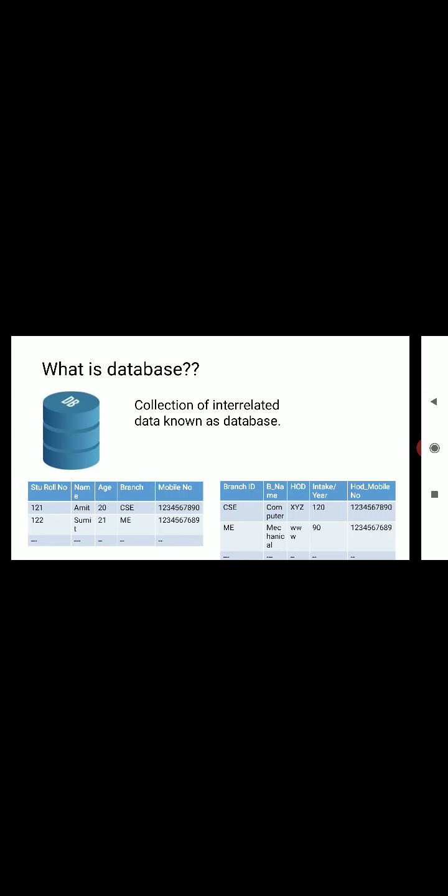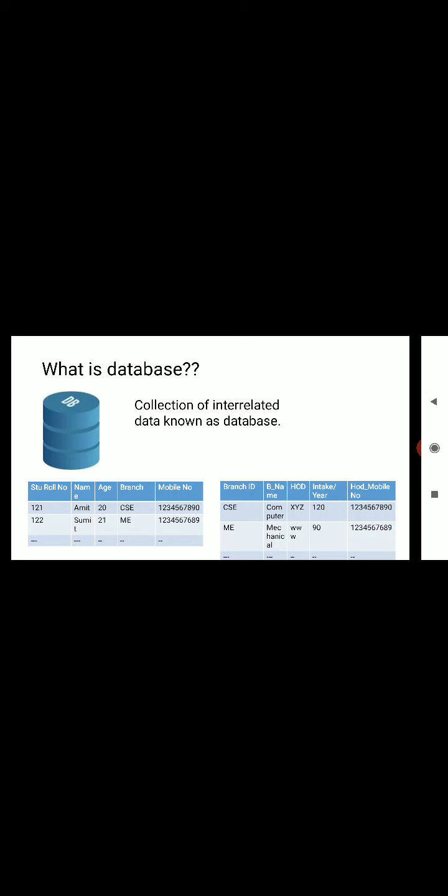Now, after understanding data and information, what is a database? A database is a collection of interrelated data, data which are related to each other. If you create a table and insert some data which are related to each other, that means you have a database.